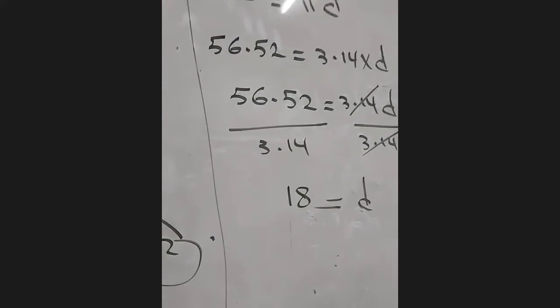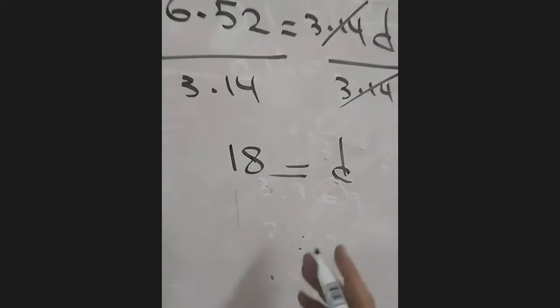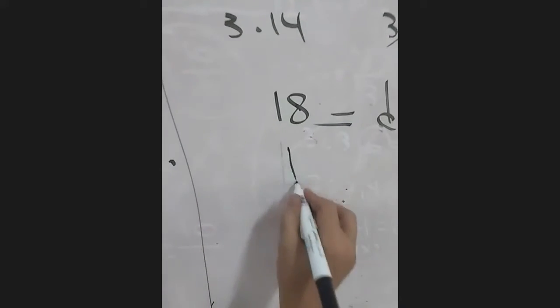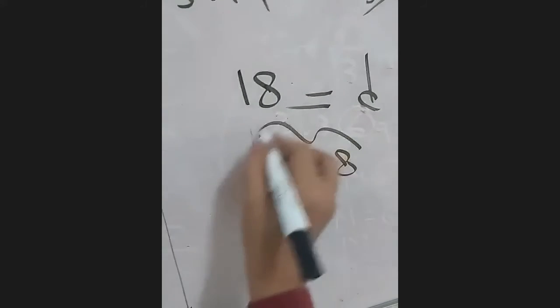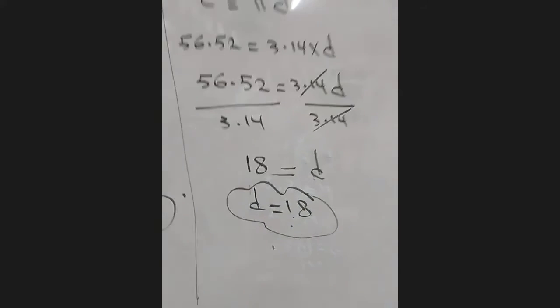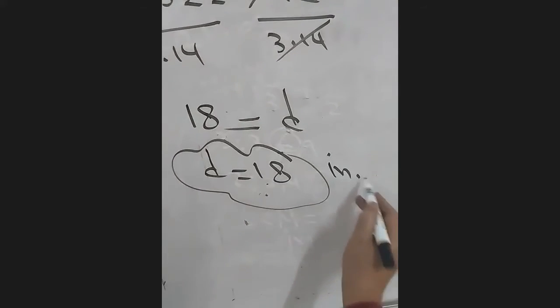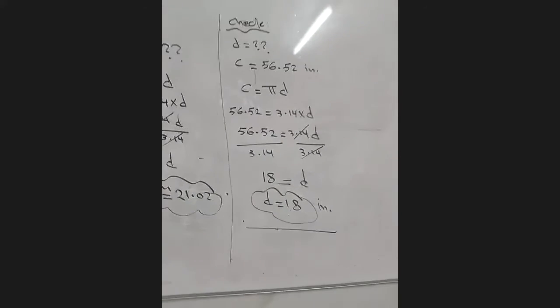So D equals 18. Do we need to round? No, because we don't have decimals. It's an exact value.